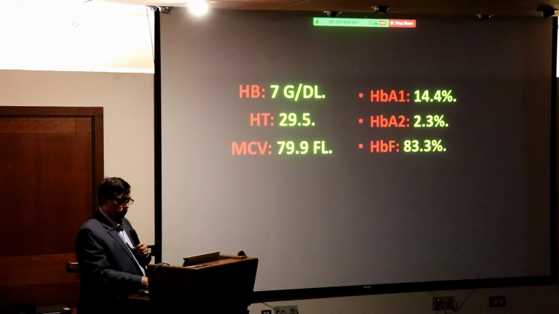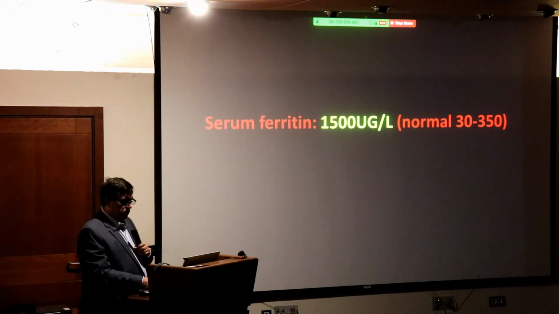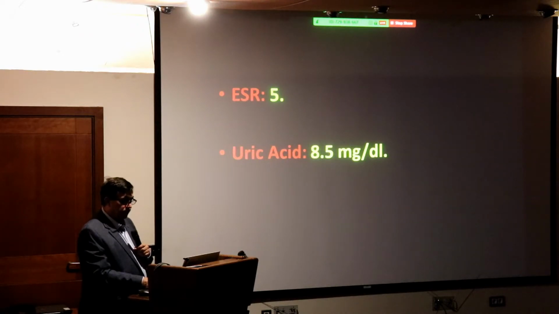And the hemoglobin electrophoresis, as you can see, HbA1, HbA2, HbF. Serum ferritin was increased, 1,500, very much above normal. ESR was 5. Uric acid, as expected, is elevated.